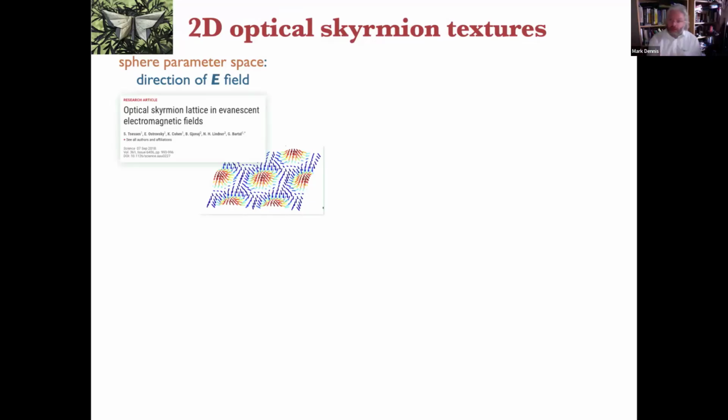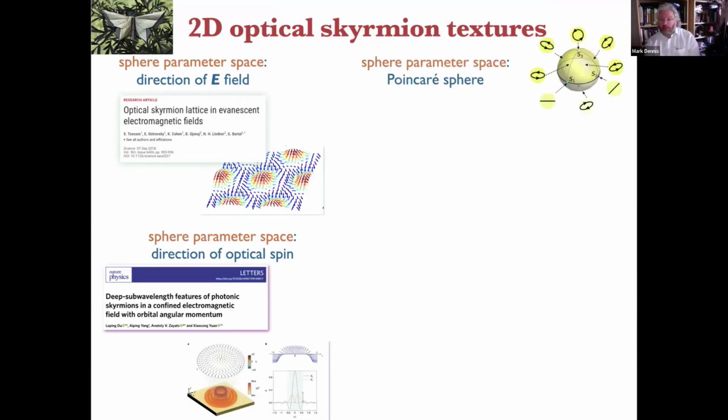We could use the E field, use the B field, and so on. The original so-called optical skyrmions, as Kostya mentioned, were from the group of Bartal in an evanescent field, and then other groups have followed with ideas of these skyrmions associated here with the direction of angular momentum.